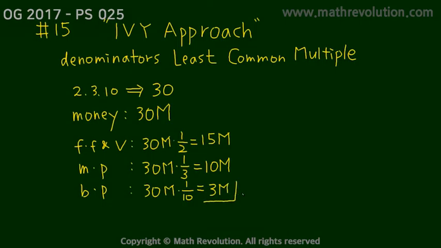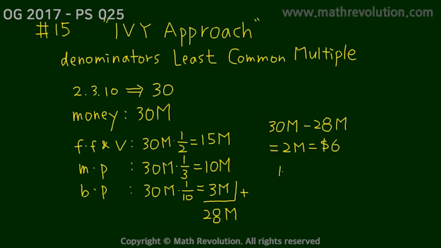If you add all this up, you get 28M. So this is the amount he spent before going on to spend the remaining $6. So the total amount of money he had initially was 30M, and the amount he spent so far on these three products is 28M, which leaves 2M, and 2M was $6.